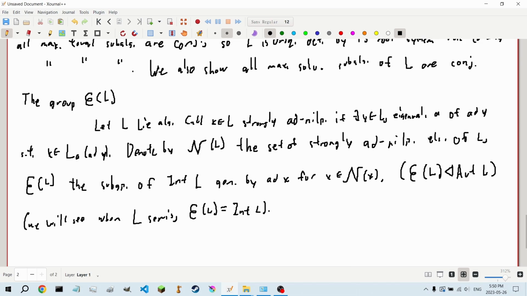Like if K is a subalgebra of L, then the N of K must lie within the N of L, the strongly adjoint nilpotent elements of L.